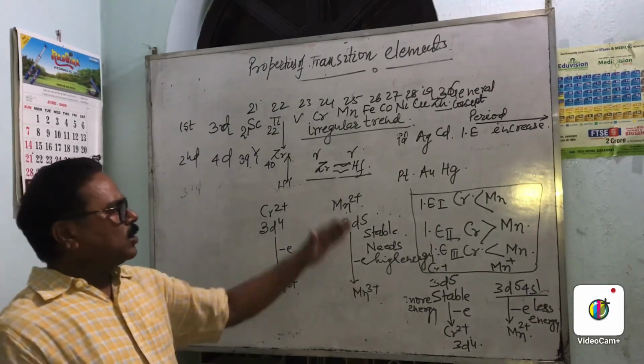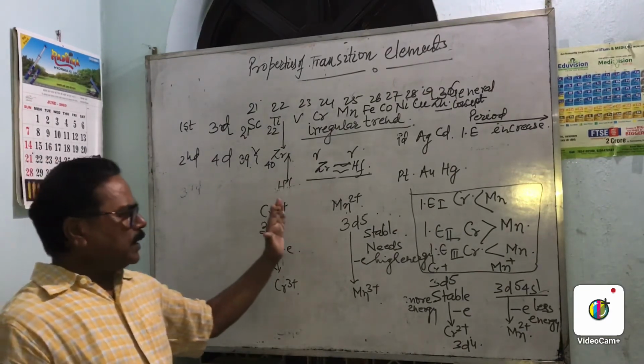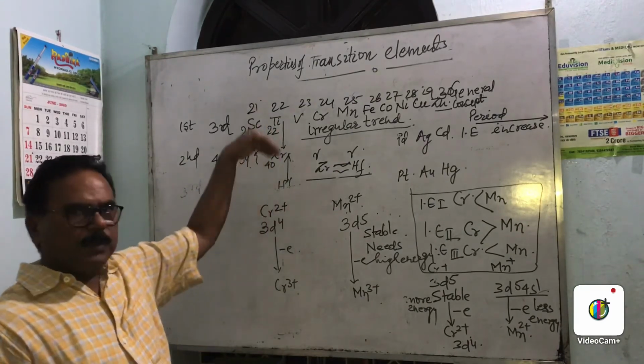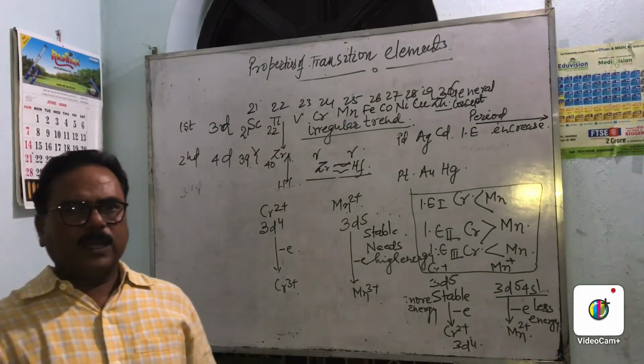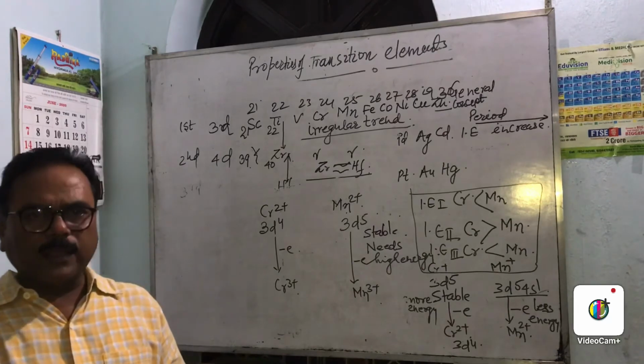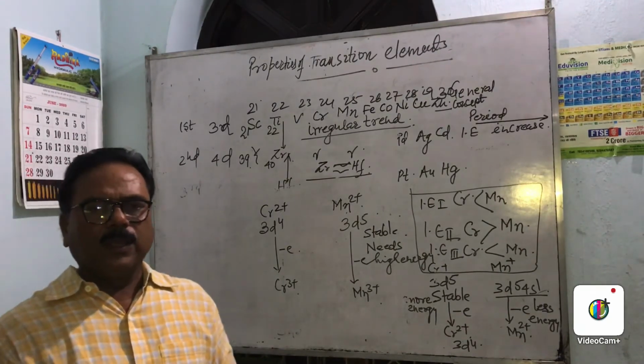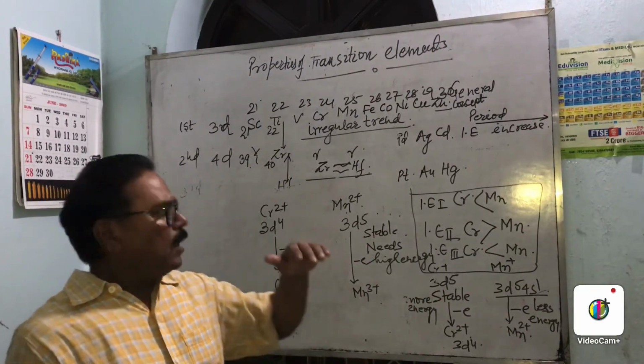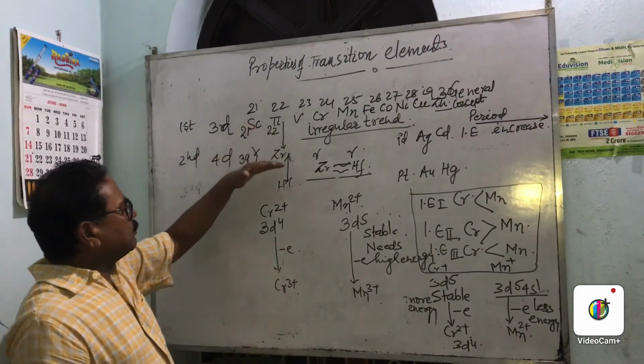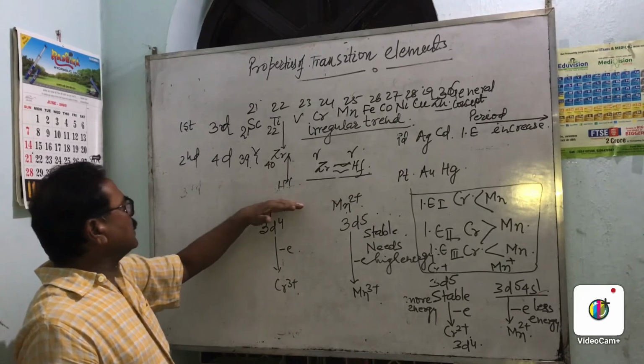Now, if we talk about the variation of ionization energy, if we come down the group, then 3d will have higher ionization energy than the 4d, and the third and fourth transition series.